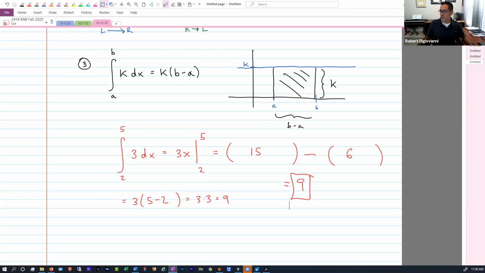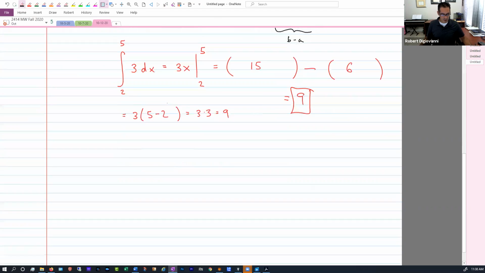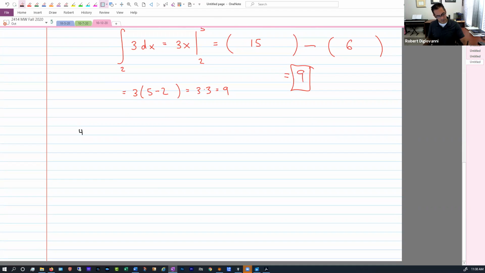All right, how about this one? This next property is obvious, I think, because we've used it so many times. If you have a constant in front of a function, I'm just going to tell you what this property is, and then you'll be like, oh yeah, that makes sense.